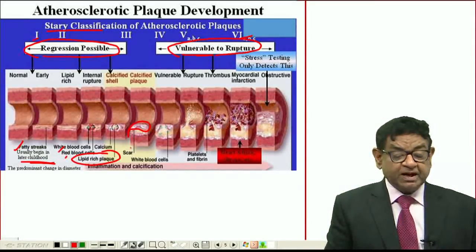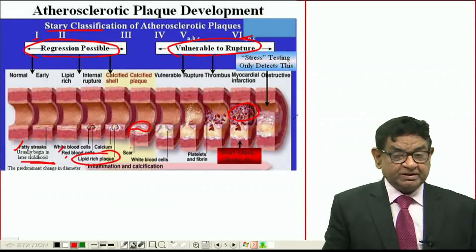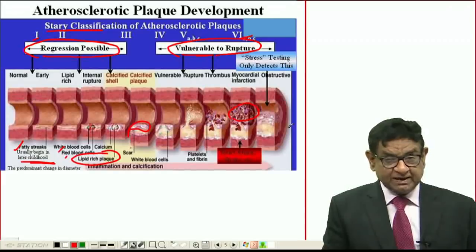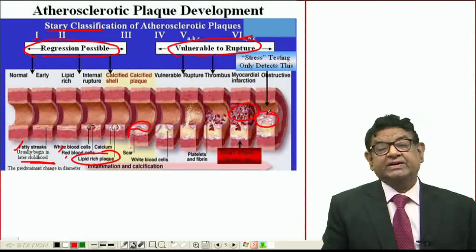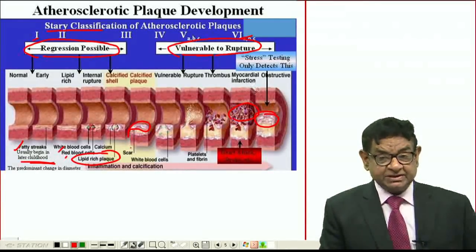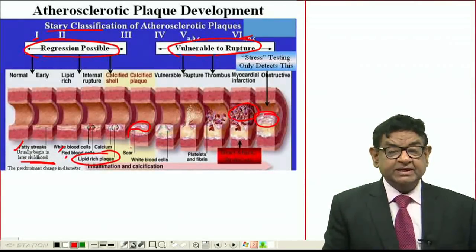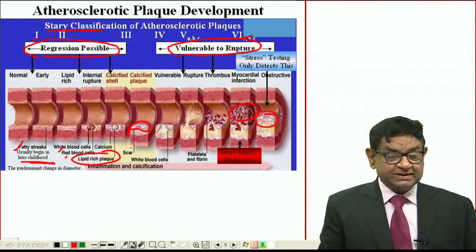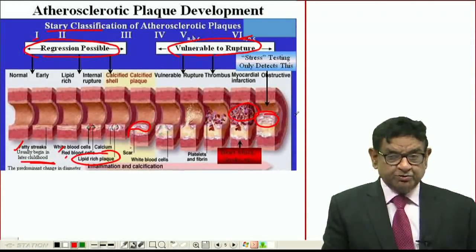Sometimes this plaque may rupture and that leads to formation of thrombus. That's the reason why patients develop acute MI or unstable angina. Remember, up to this only calcified plaque is there. That is the reason for stable angina. But if rupture occurs, a clot may form, and that's the reason why MI, unstable angina, or so-called acute coronary syndrome occurs.